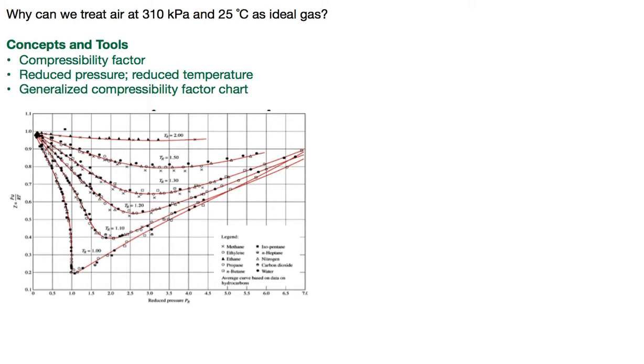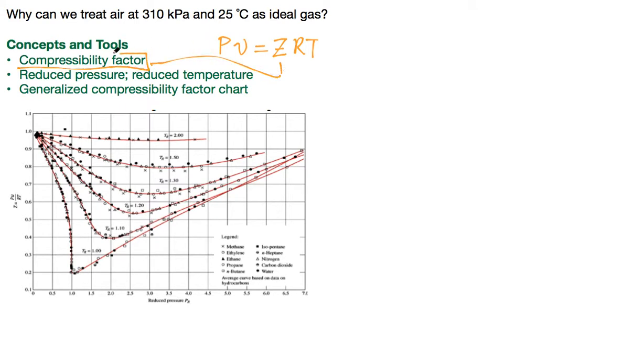Okay, compressibility factor is defined as such. PV equals RT, and this is the ideal gas equation of state. But what if a gas is not an ideal gas? We need to make some correction. The correction we make is to use the generalized compressibility factor.